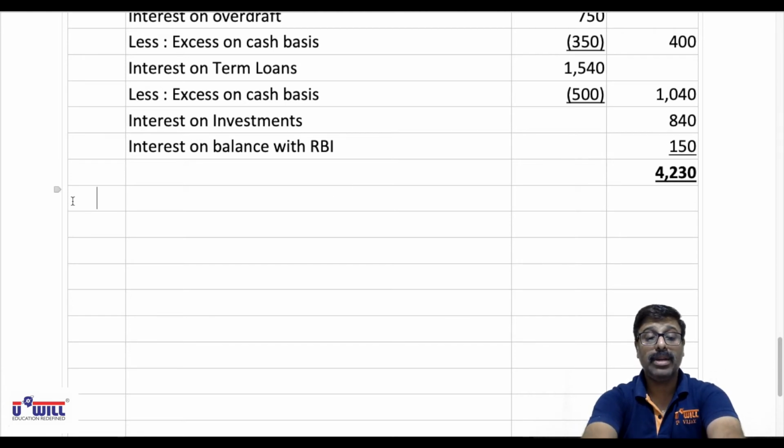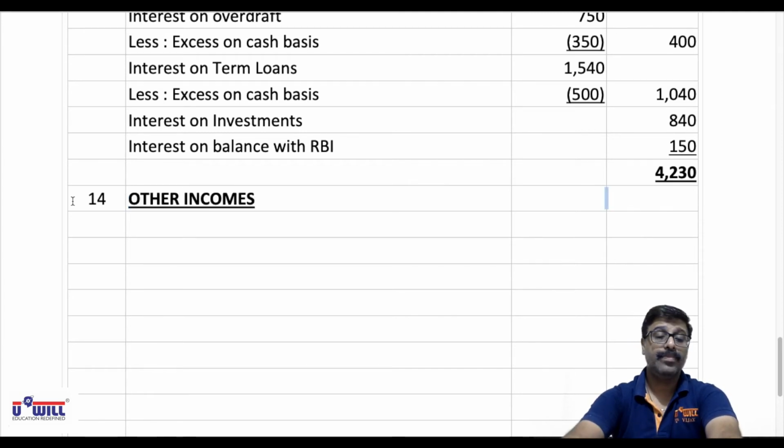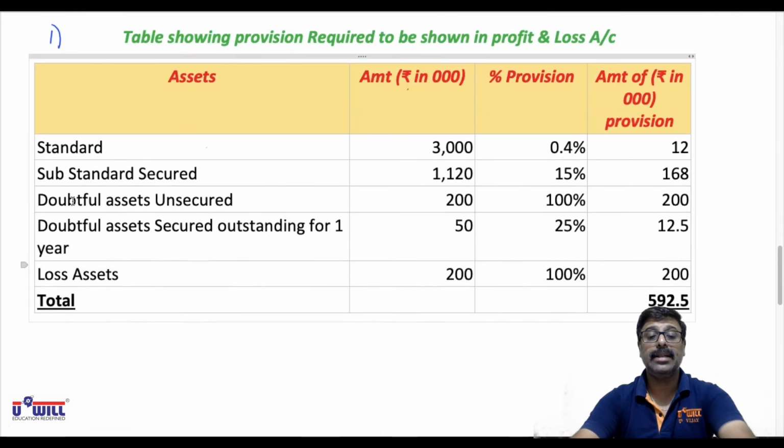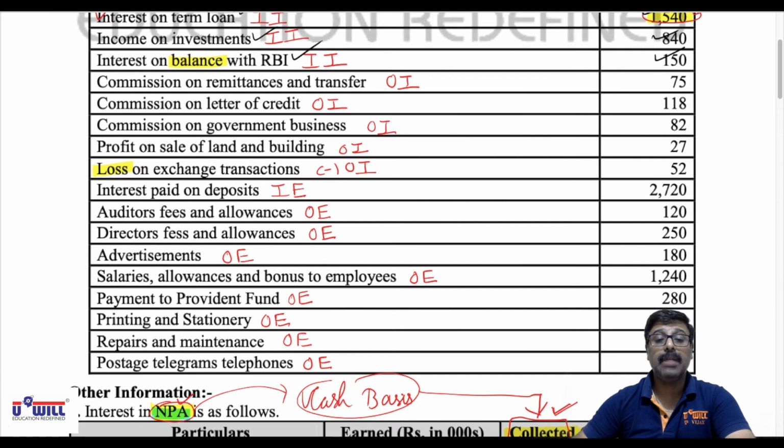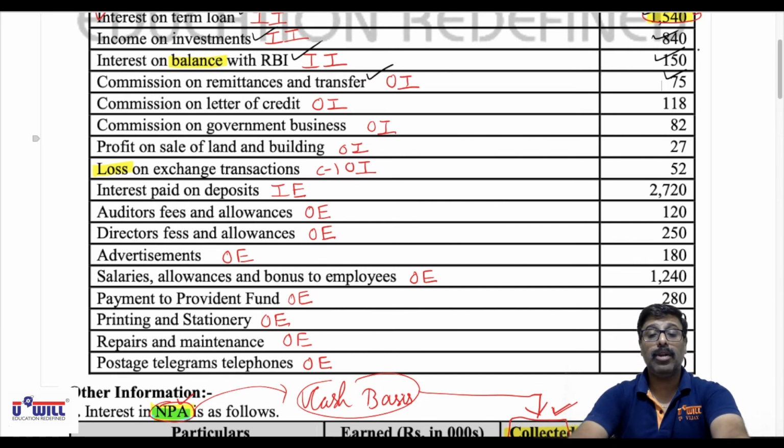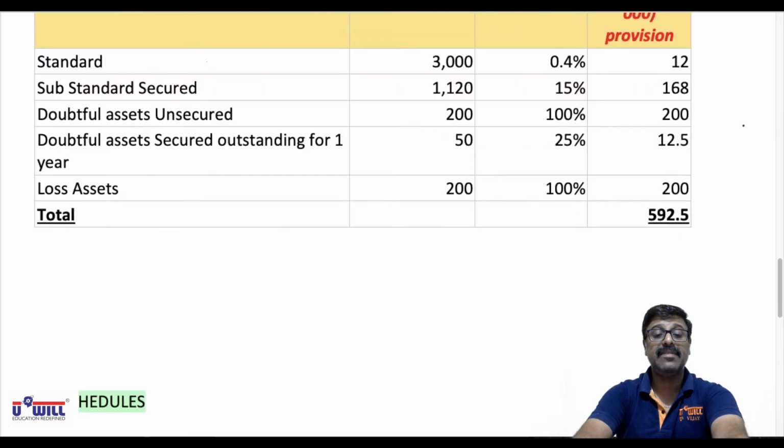Now schedule number 14, what we will be making is other incomes. Let us see what all items are included in other incomes, OI marked items. Very first we have commission on remittance and transfer 75. So all of you write down commission on remittance and transfer 75.